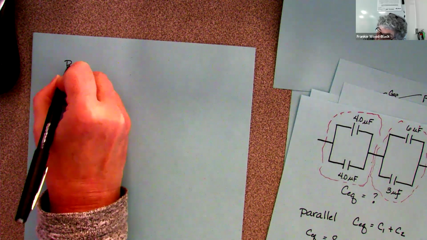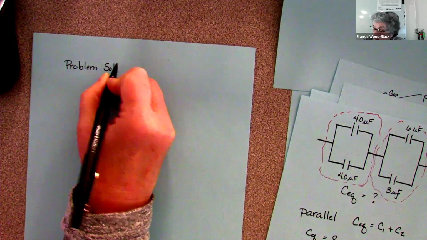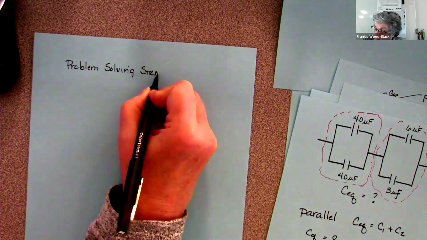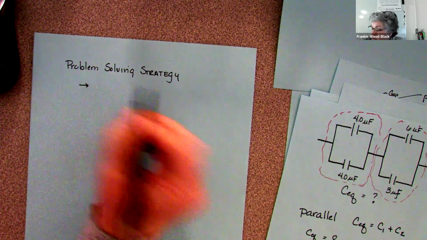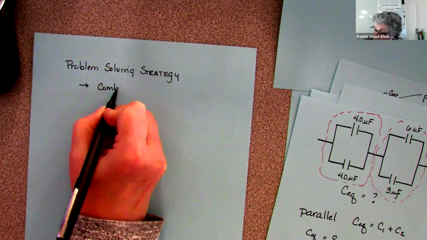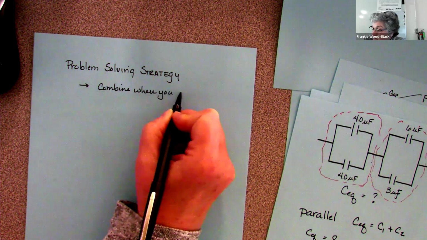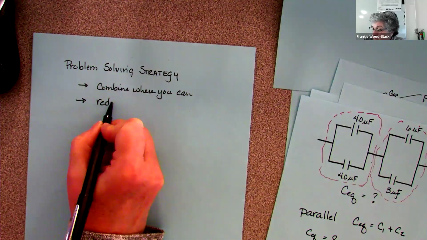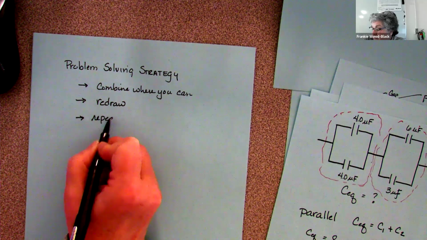Now, your book does give you a problem-solving strategy. And that is, you want to do what I just did. You want to combine where you can. You want to redraw. And you'll repeat as you go through.